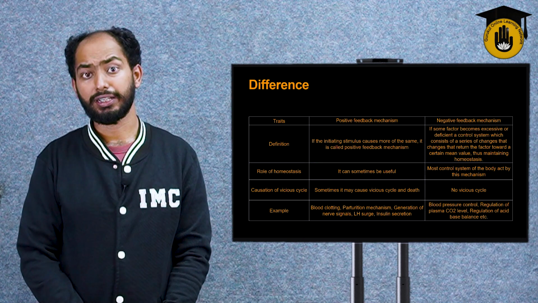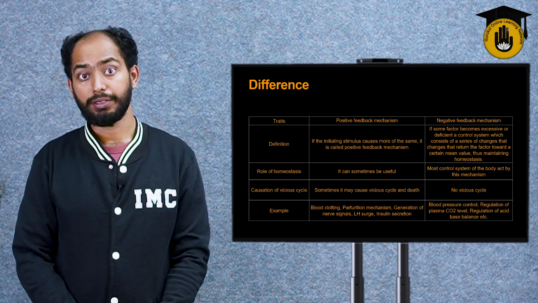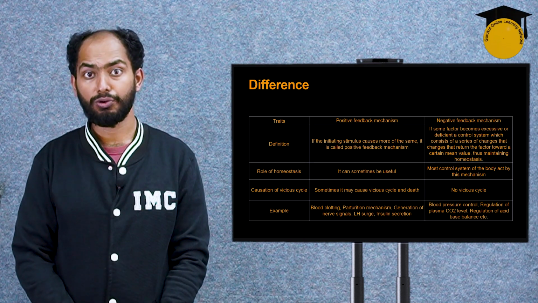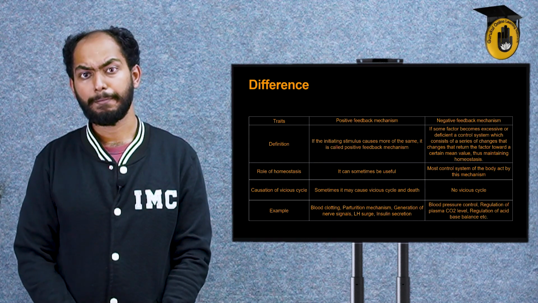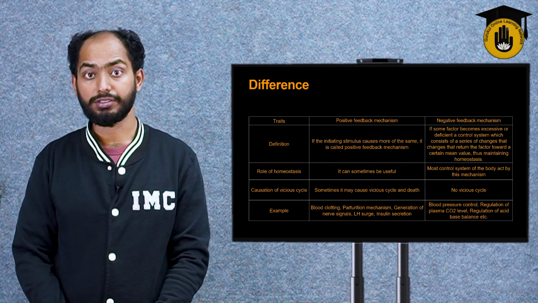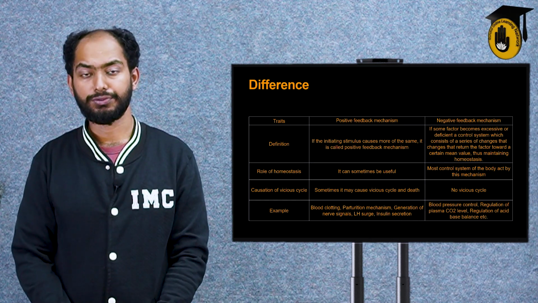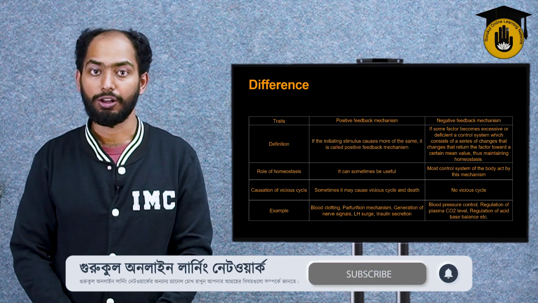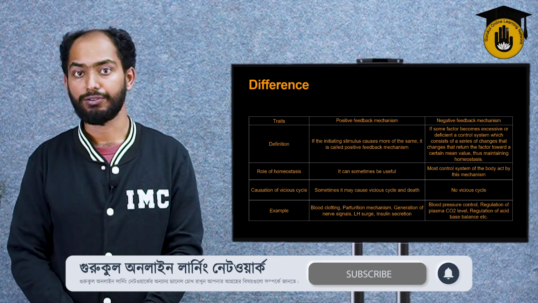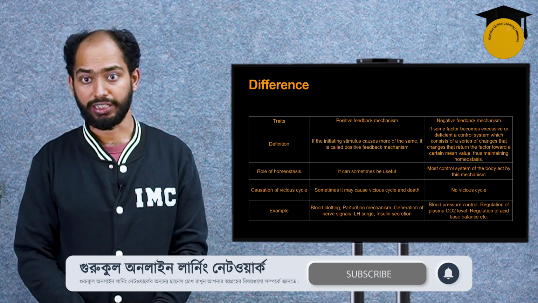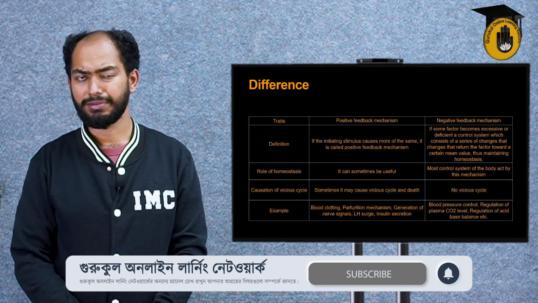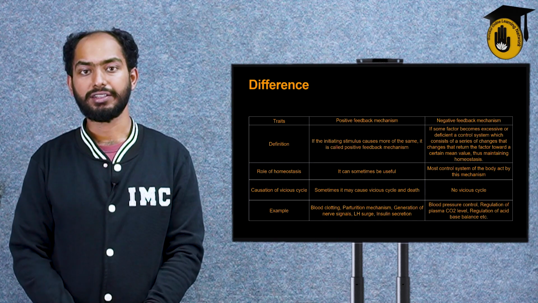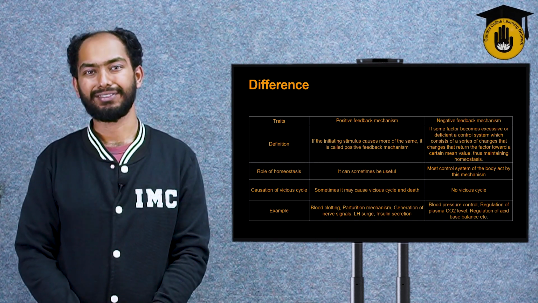When there is more blood loss in our body, the positive feedback mechanism comes into play and causes more and more bleeding, which will ultimately cause less blood flow into the cardiac muscle, and push a person who has already lost a severe amount of blood or fluid towards death. The negative feedback mechanism does not do any of that. Most of the control systems of our body are delivered by the negative feedback mechanism.